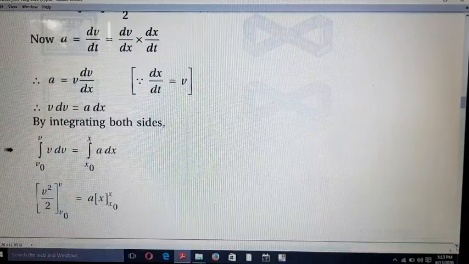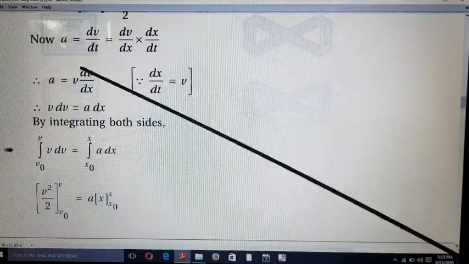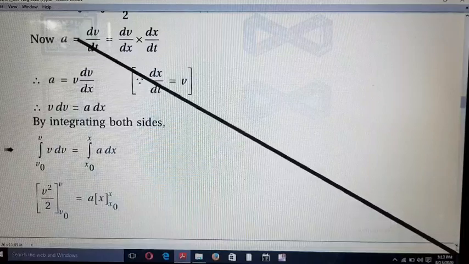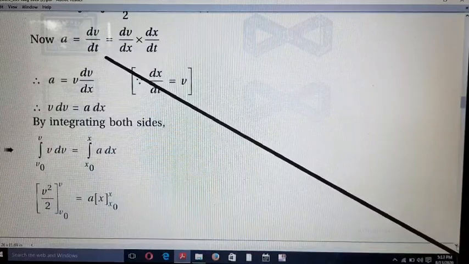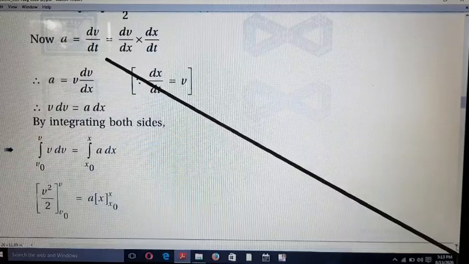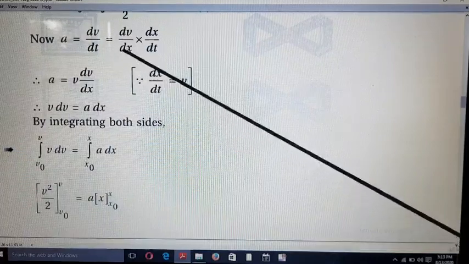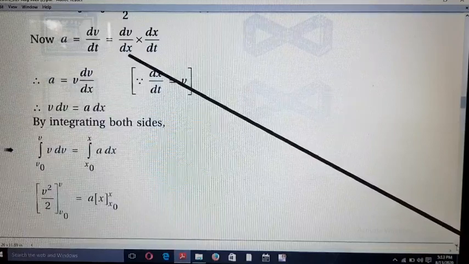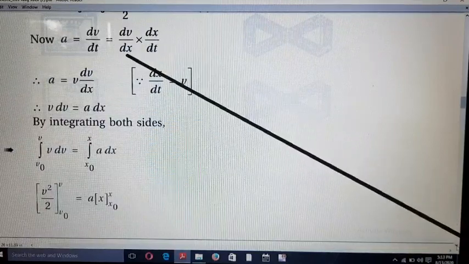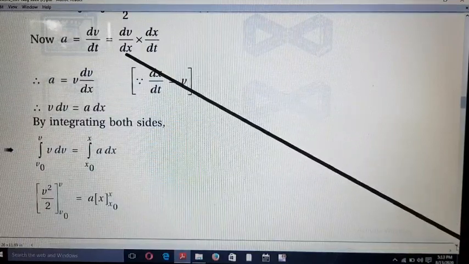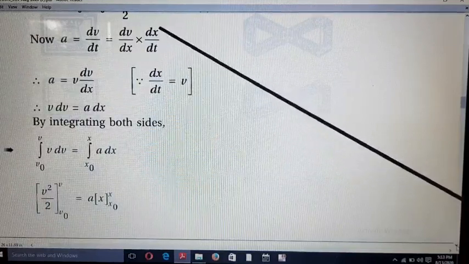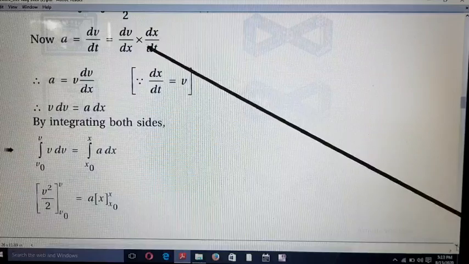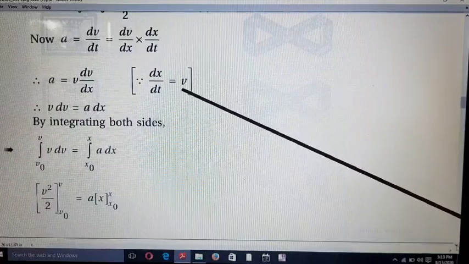Look here again, the definition of acceleration: a is equal to dv upon dt. Friends, on the right hand side we multiply and divide by dx. According to the definition of velocity, dx upon dt is equal to v.